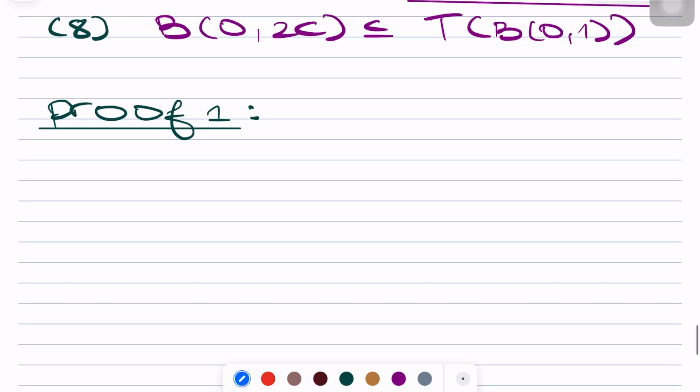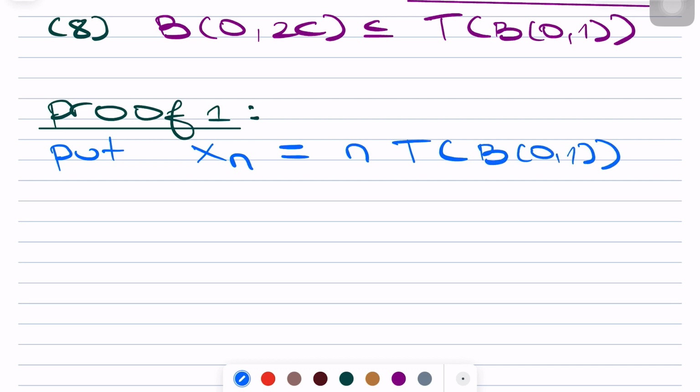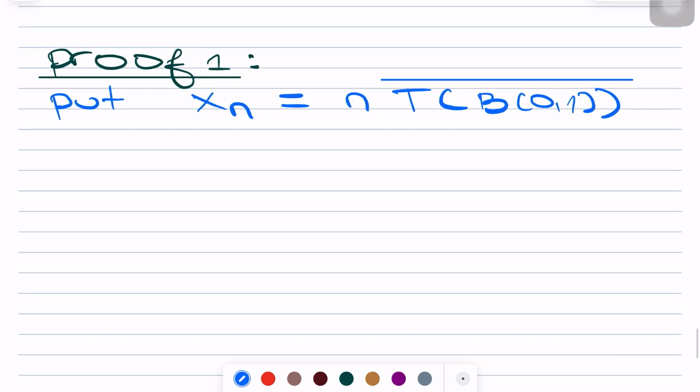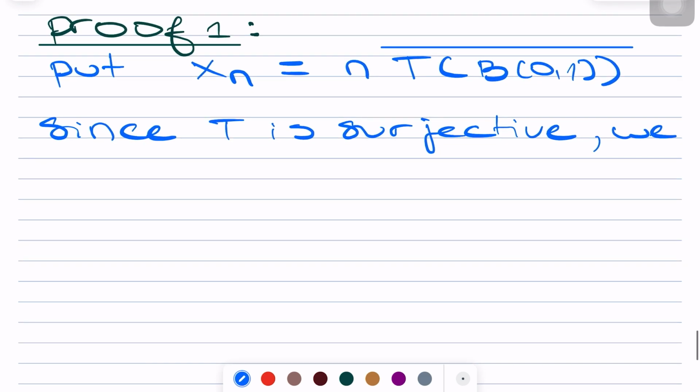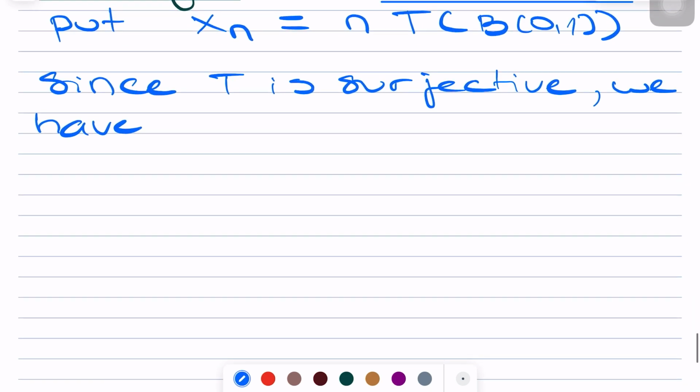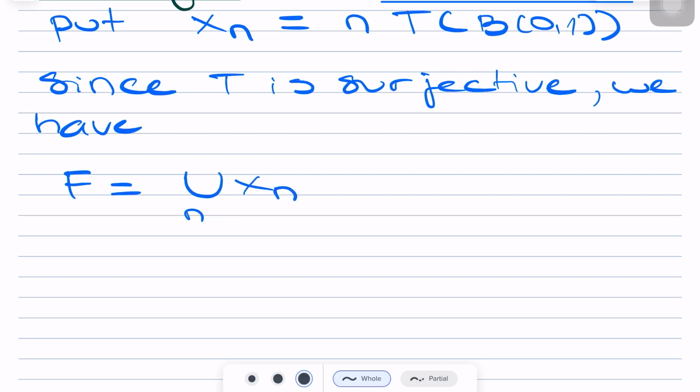I consider the set X_n being equal to n times the closure of the image of the unit ball through the operator T. So since T is surjective, we have F being equal to the union of the X_n, n greater than or equal to 1.